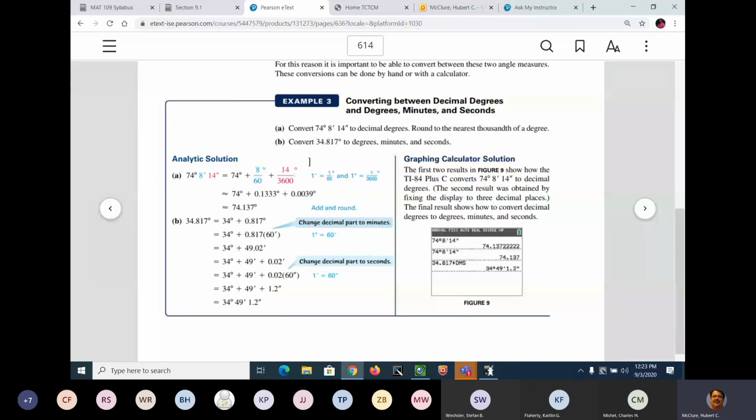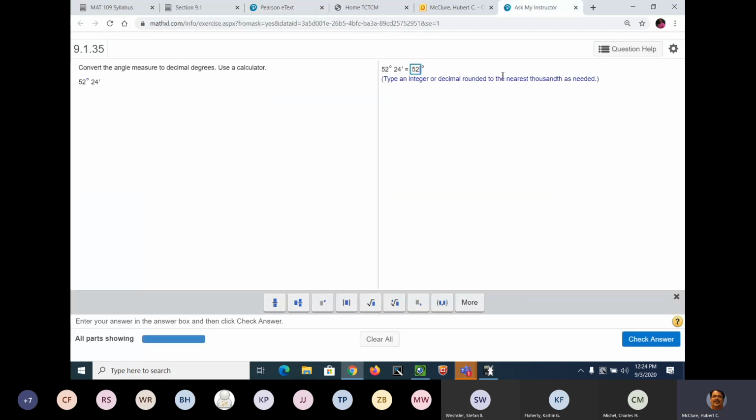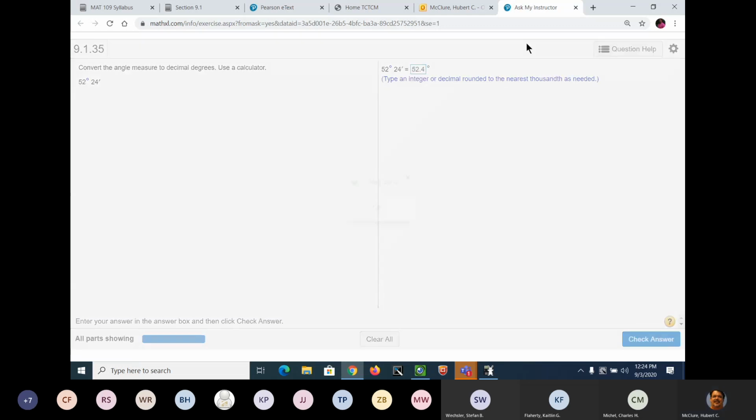So if you have a book, page 614, example 3, that's what you need to write down if you struggle at changing from decimal to degrees and degrees to decimals. Or you can use the handy dandy calculator. All right, so that's a test question. So 52.4 degrees.